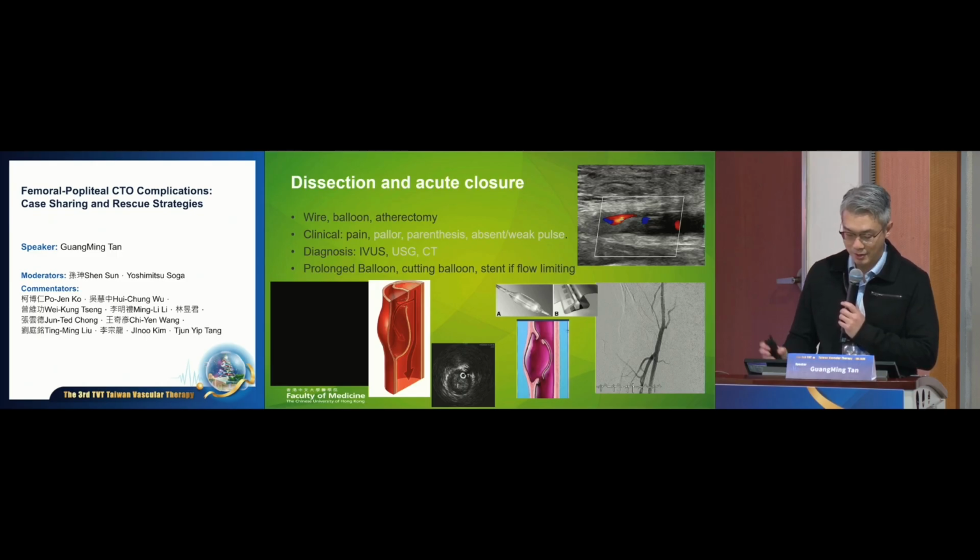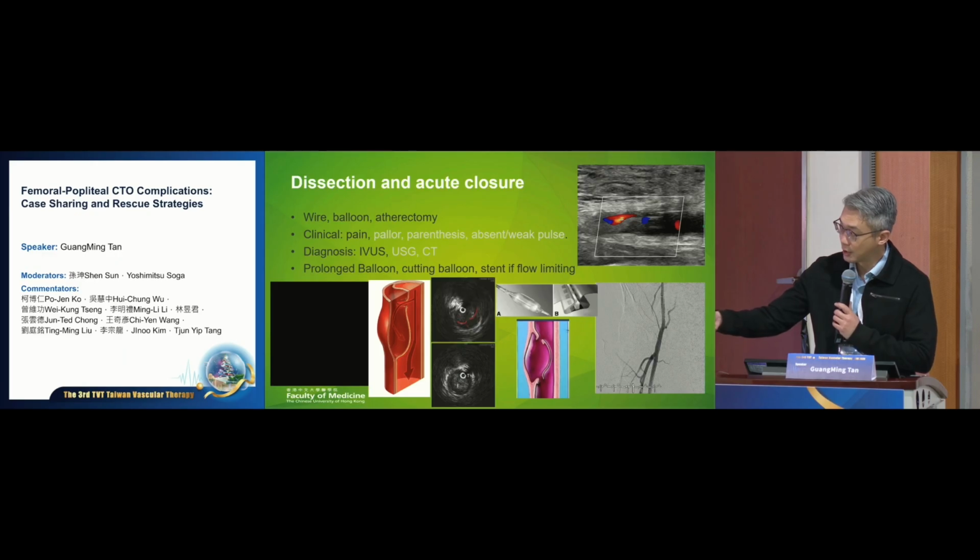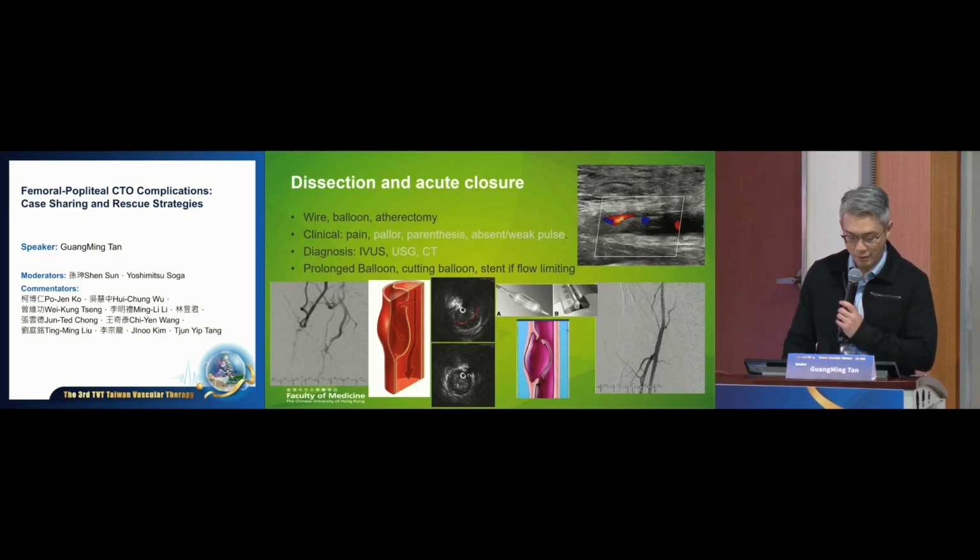In some cases, the dissection is non-communicating, such as this case of a wire getting into the subintimal space and causing a non-communicating dissection and hematoma, causing acute vessel closure. In those cases, we probably need to open up the dissection plane to release the hematoma and the compression.